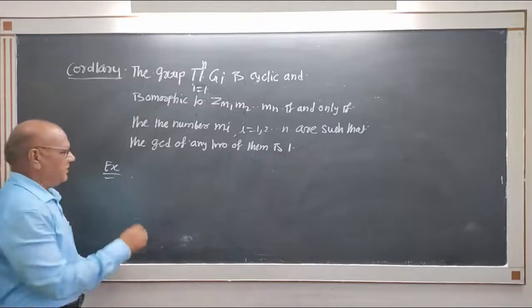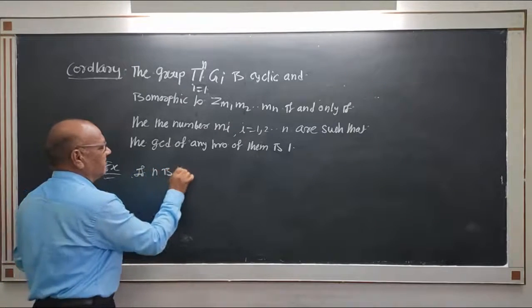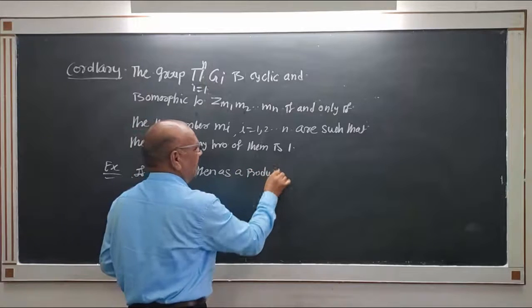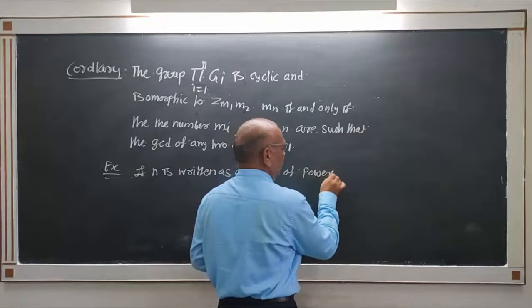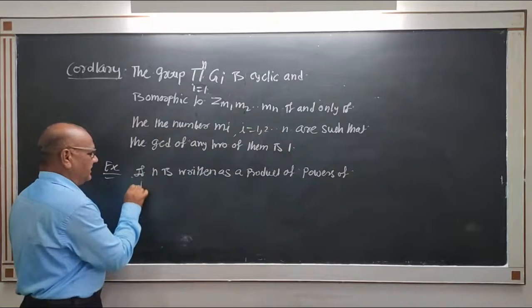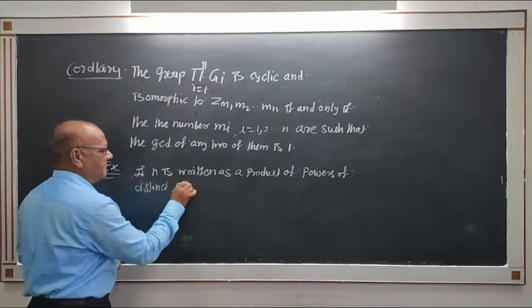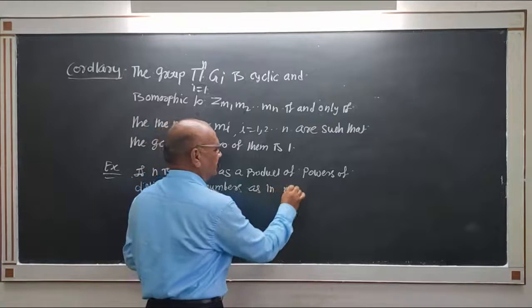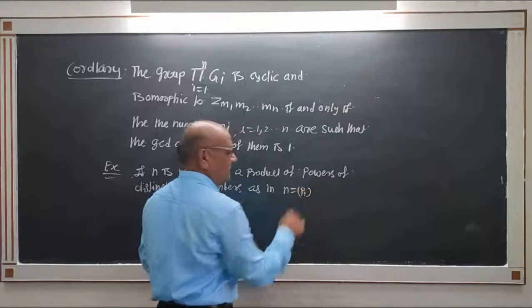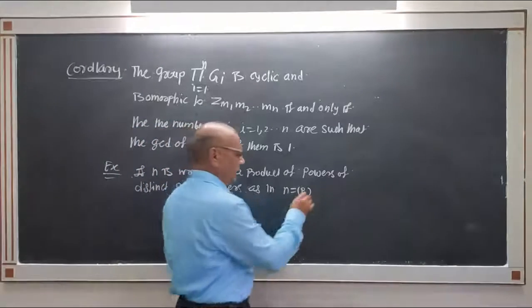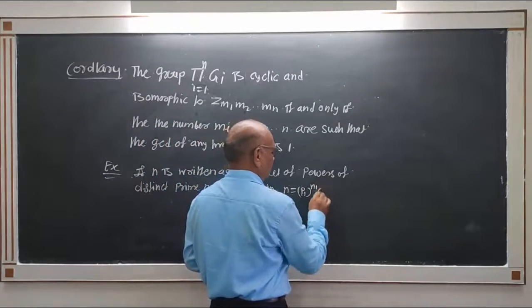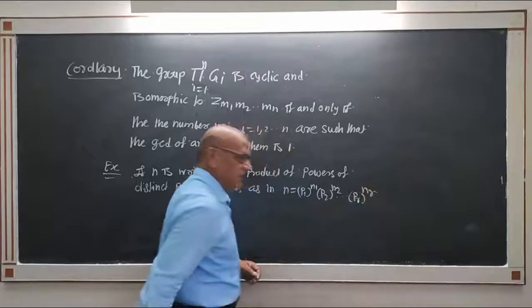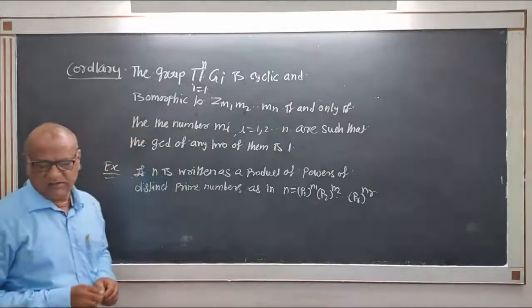Now, one example here. If n is written as a product of powers of distinct prime numbers, as in n is equal to p1 raised to n1, into p2 raised to n2, and so on, pr raised to nr, like this, n can be written as a product of prime numbers.